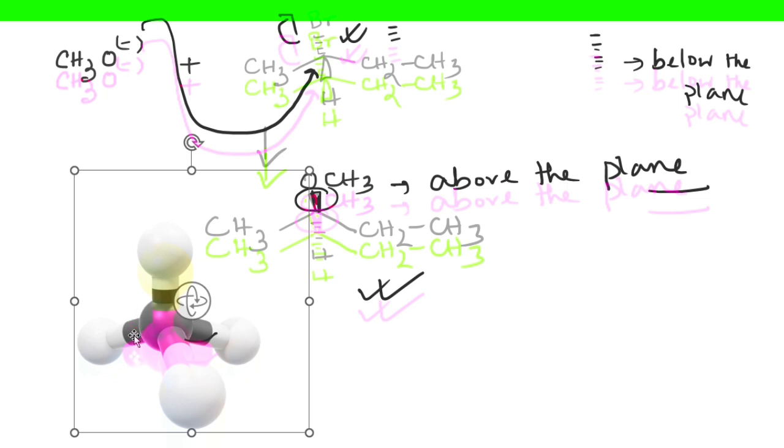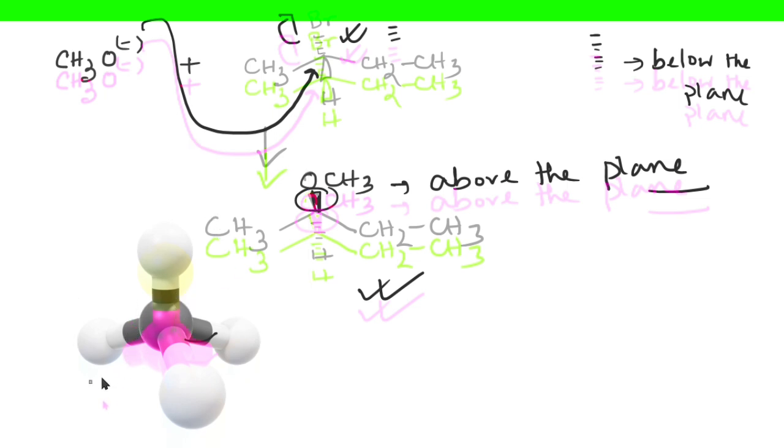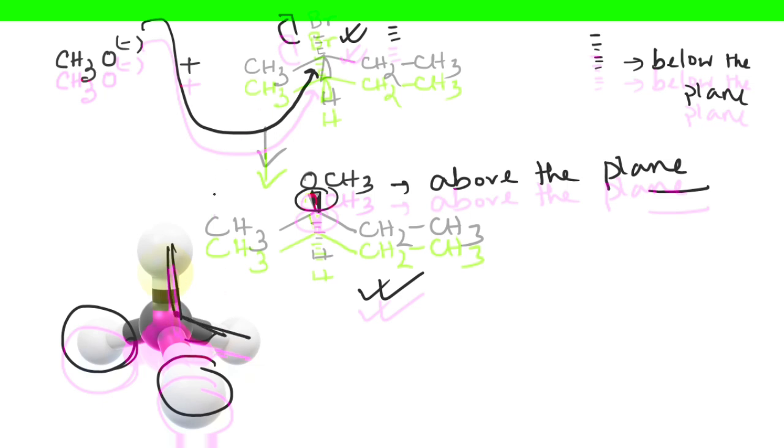Now see, this bond, the dotted line one, is the back side, and this is Br, and this is above the plane. Okay, and this is on the plane. This is the Br atom which I represented in dotted line in the rough structure, and this is the H which is above the plane.